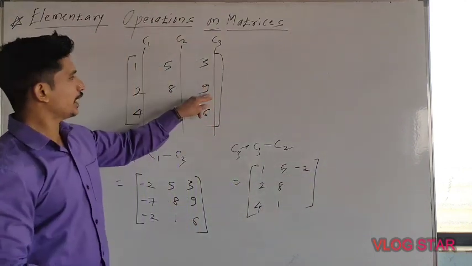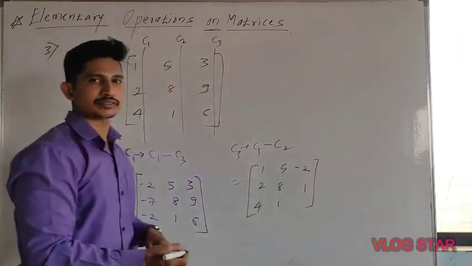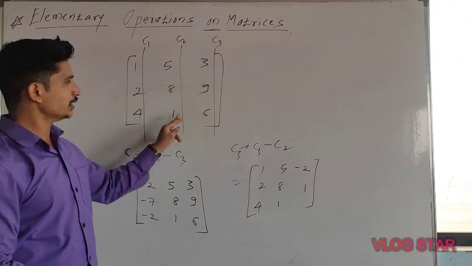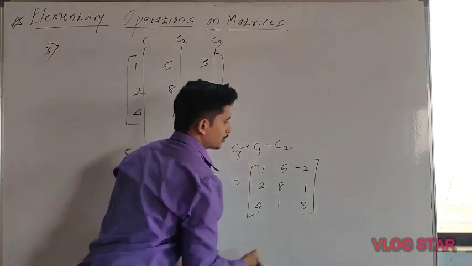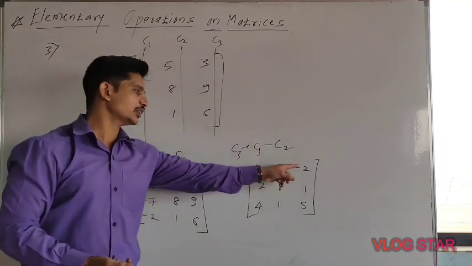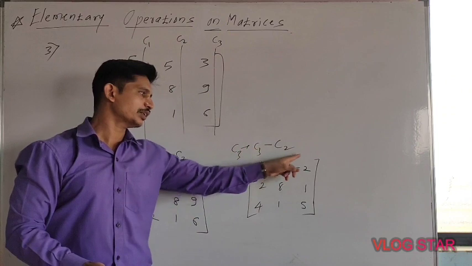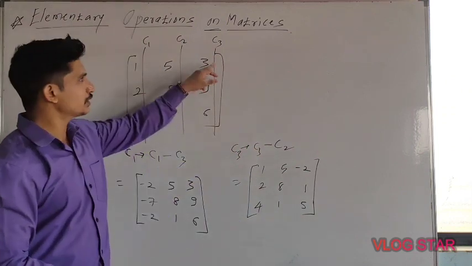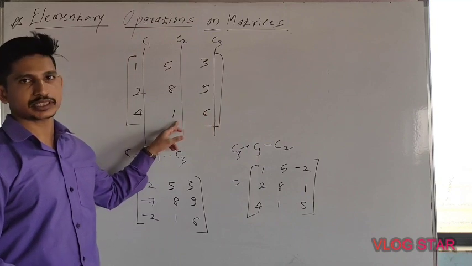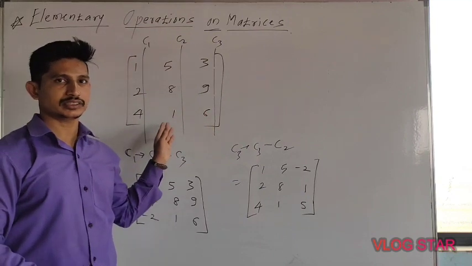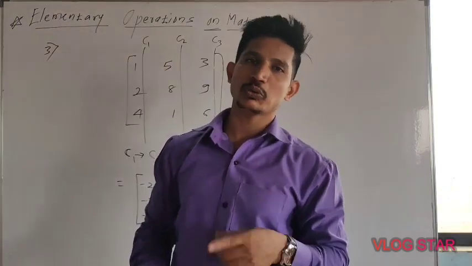Okay. 9 minus 8 is 1. Okay. 6 minus 1 is 5. Okay. So this is column 3 minus column 2. So I change here column number 3. Okay. So first element, second element, third element, subtraction column-wise. Okay. So I told about the column-wise operation and the row-wise operation also.